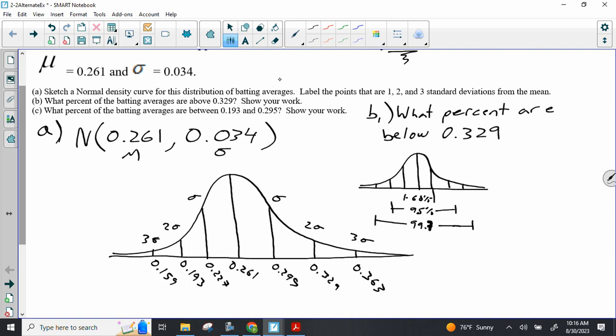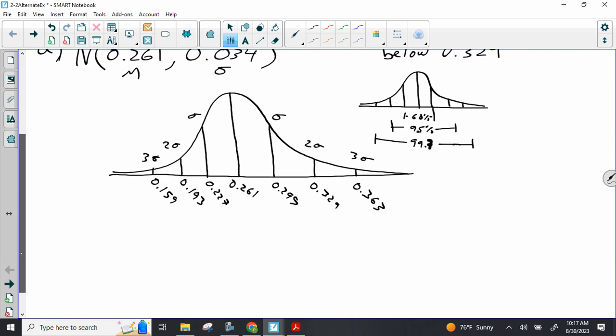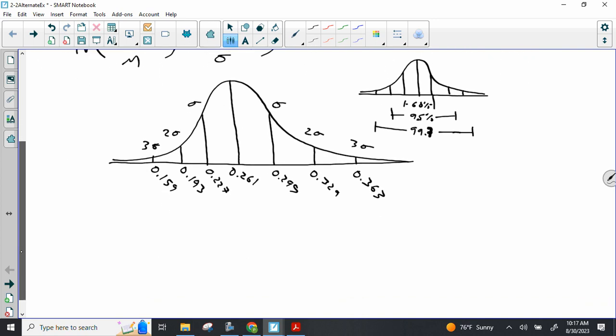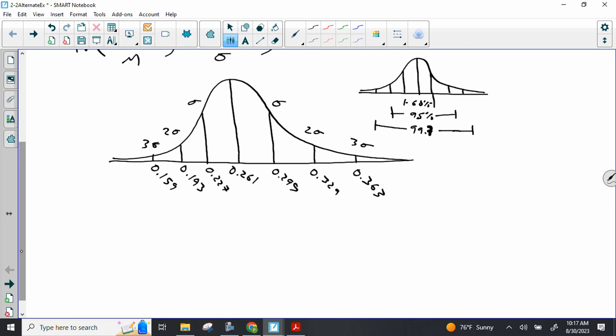So, all right, let's look at this curve in actual context. I know I'm going to move to a weird spot here and leave our empirical rule behind. But okay, I'm going to draw this in a different way now.